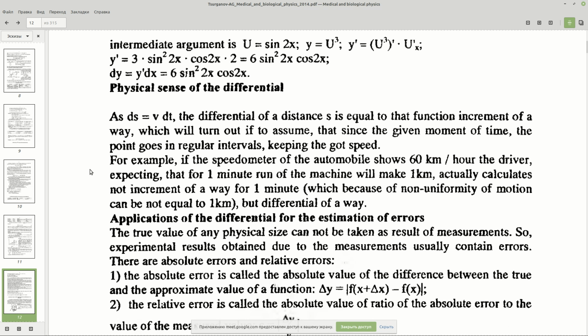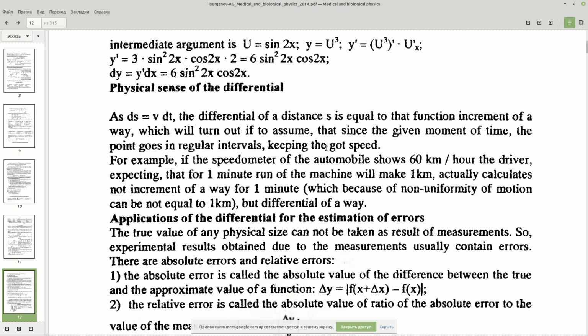For example, if the speedometer of an automobile shows 60 km per hour, the driver expects that in 1 minute the machine will travel 1 kilometer.